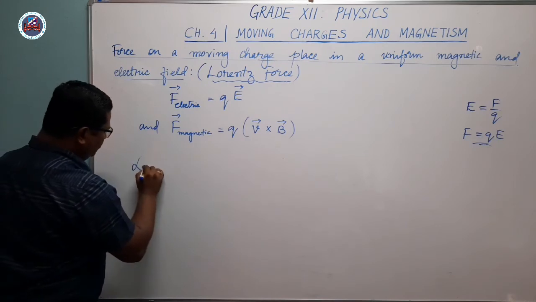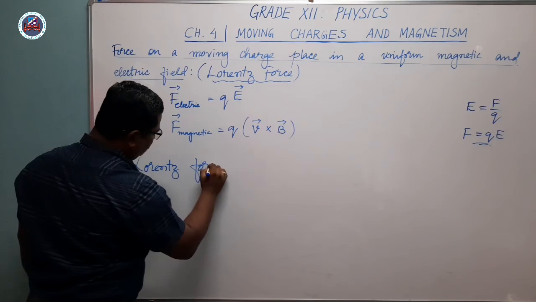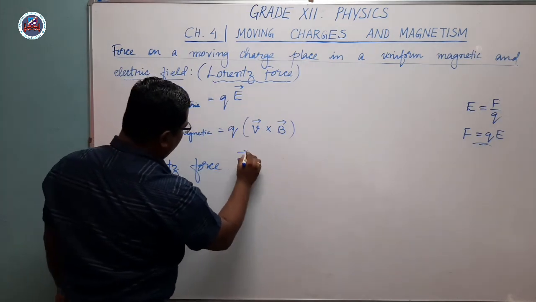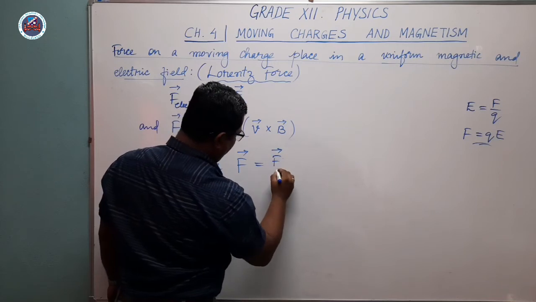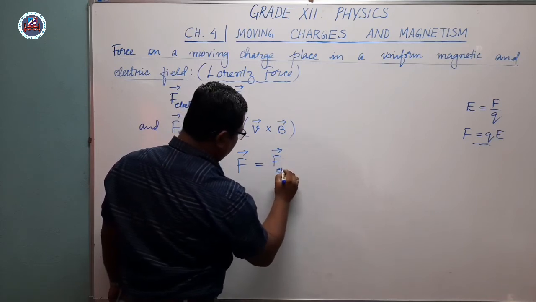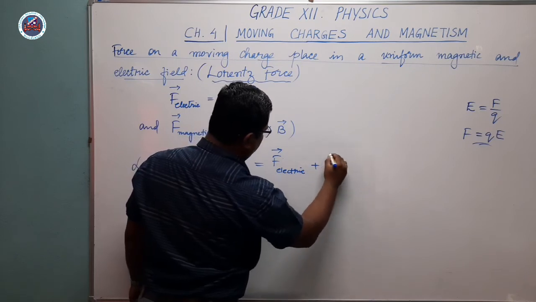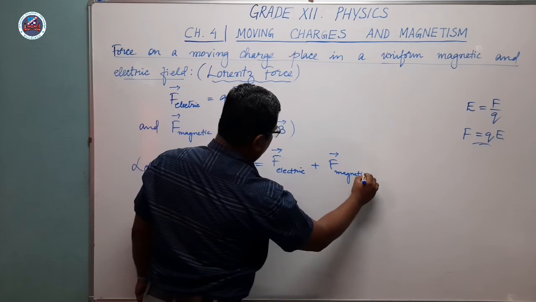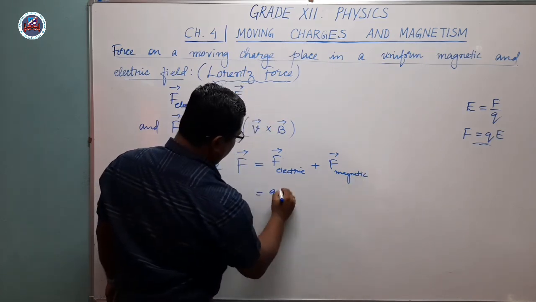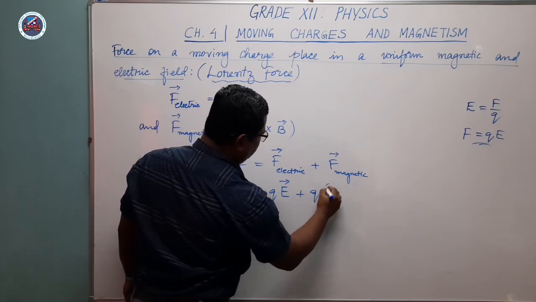So if I write Lorentz force F, then it will be the sum of the electric force and the magnetic force. The sum total of both we call it as Lorentz force.